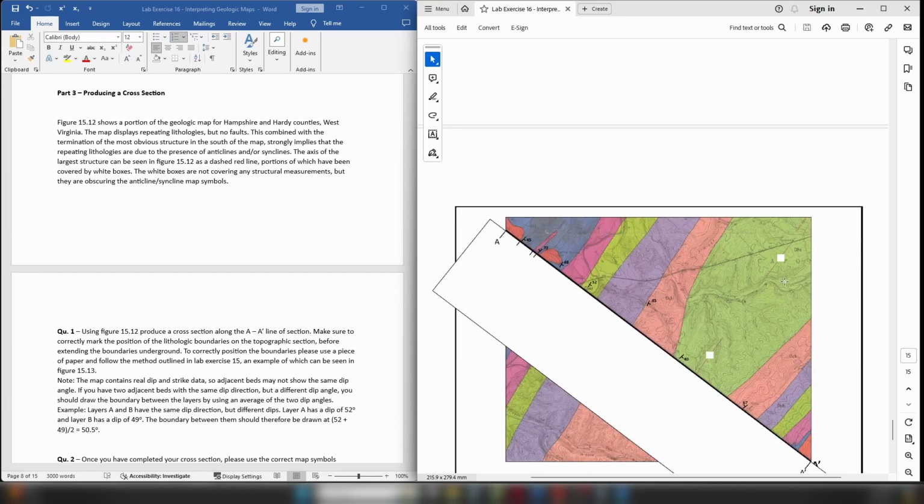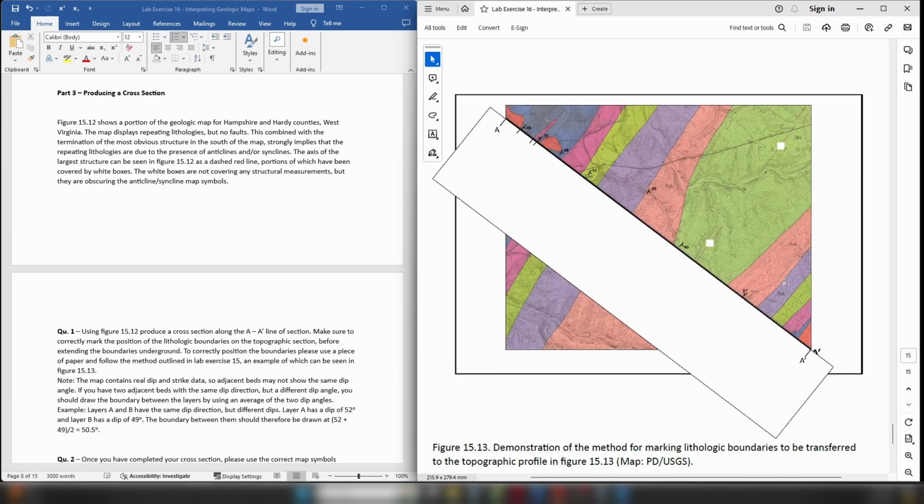So in this case, you are going to have to use the paper method. So you're going to take a piece of paper, and on that piece of paper, you're going to lie the straight edge along the line of section, and you're going to mark the start point as A and the end point as A prime. And then along this straight edge, you are going to mark off any locations where a contact hits the line of section.